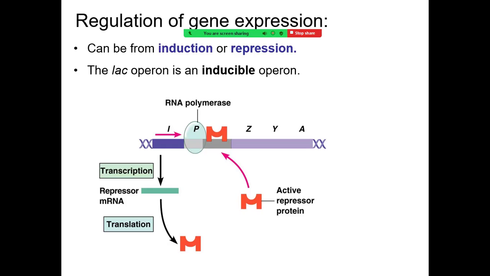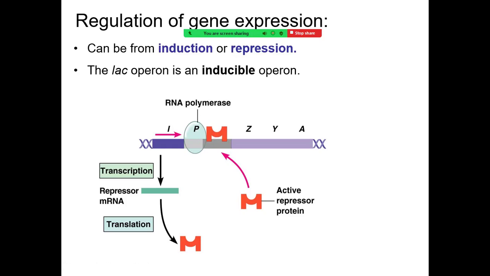The gene is normally turned off, and how it's turned off is the regulatory gene is expressed, and that's this I right here, and it makes a messenger RNA, which then is translated into a protein. This protein is a regulatory protein, and it is a repressor protein that will bind to the operator of the lac operon. When this repressor protein is bound to the operator, then when the RNA polymerase binds to the promoter and moves down the DNA, the RNA polymerase will be blocked by the repressor protein.